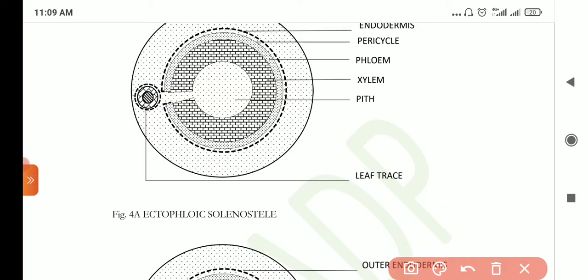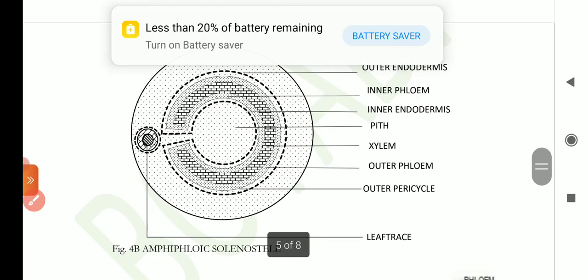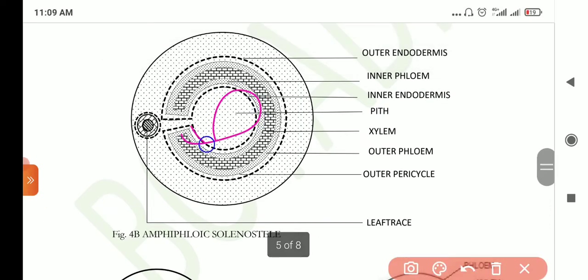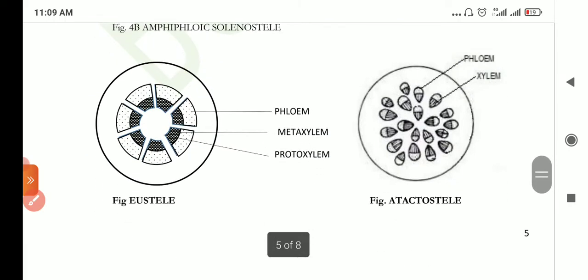Ectophloic is where you have pith, then xylem, and then phloem. Amphiphloic has pith, then phloem, then xylem, then phloem again. The only difference in dictyostele is that you have this gap and the leaf trace. So it's very easy from the diagram itself.